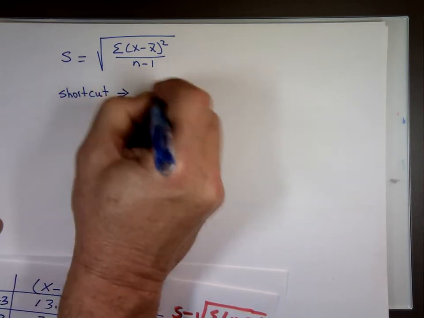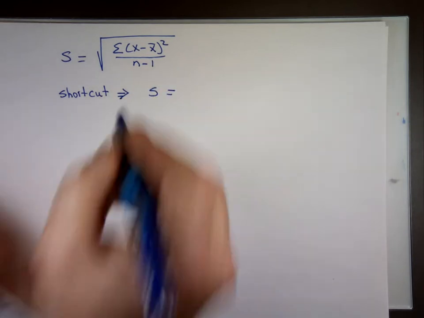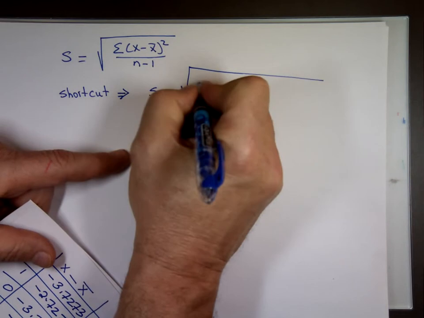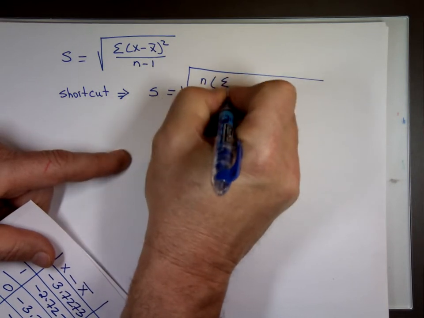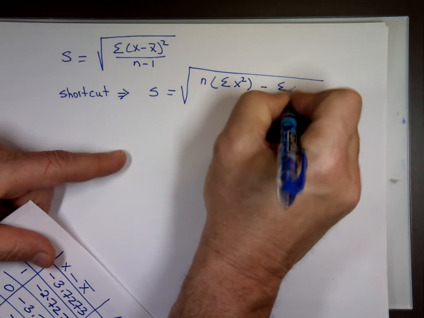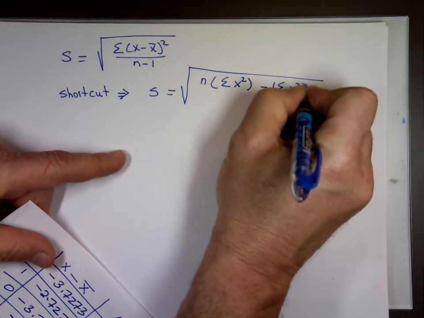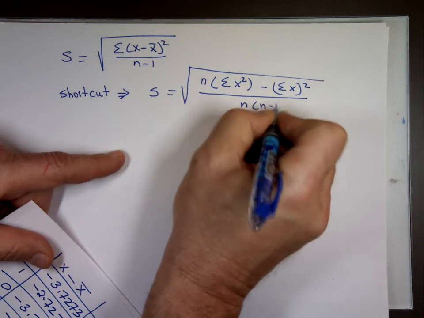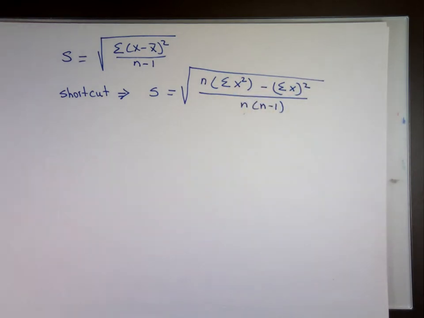Now when you look at it, it does not look anything like a shortcut. N times the summation of x squared minus the summation of x, the whole thing squared, divided by n times n minus 1. That's what most people use. They go, oh, that's quicker, a shortcut. And I know you're looking at it, going, come on. What do you mean shortcut?